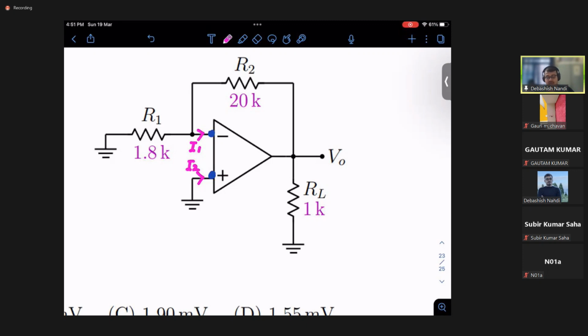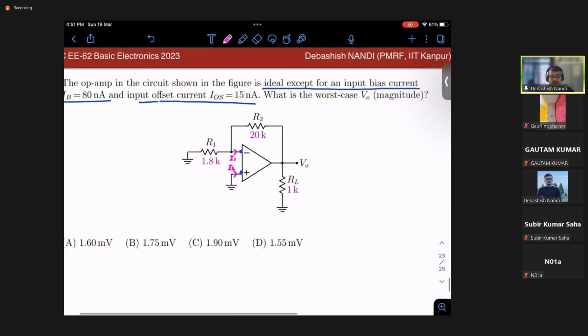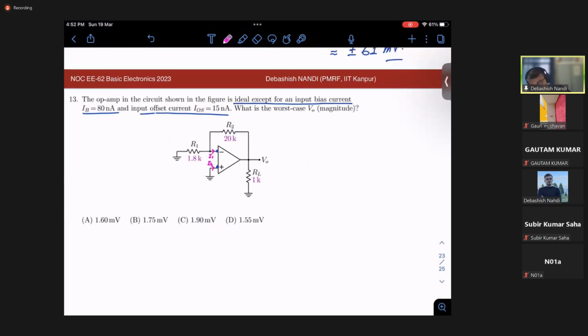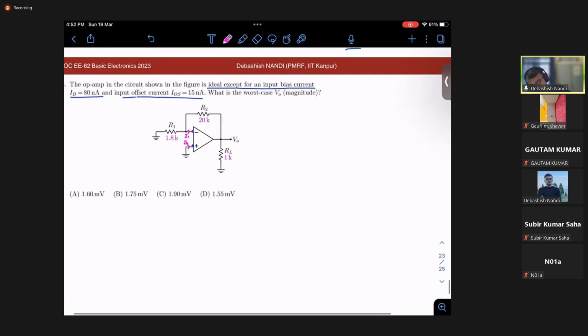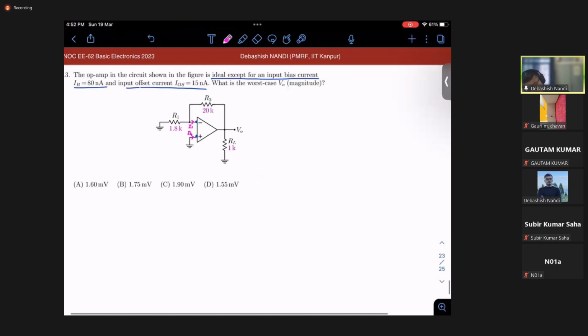So how is it defined? Half of I1 plus I2 is generally IB, 80 nanoampere, given. What about the offset current? Offset means the difference of these two. This I1 minus I2 is 50 nanoampere, right? This is given in the question.